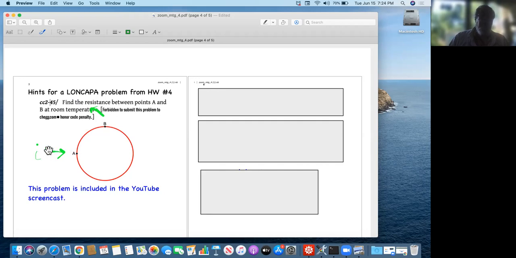So you have a wire here. You have a wire connecting A and B and connected to a battery. So you have a wire like this. I guess if the current is going to go this way, this has to be the positive terminal of the battery. This is the negative terminal of the battery. And so it drives a current into point A and then out of point B back to the battery.